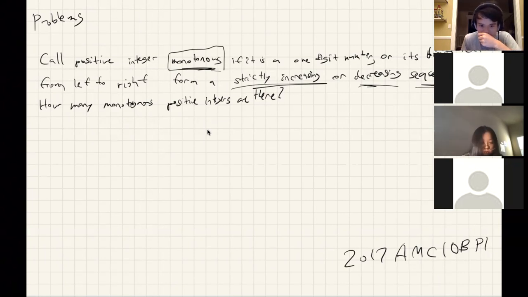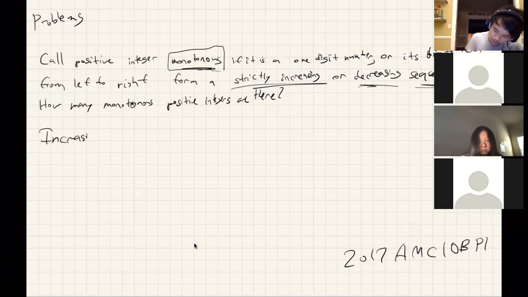Okay, the first case we want to count is the monotonous numbers with the digits in increasing order.